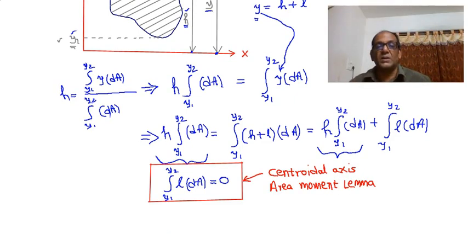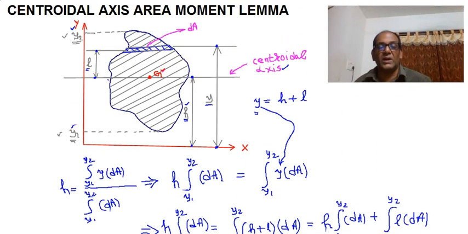This last equation is what I term the centroidal axis area moment lemma. If we look back at the figure again, we can state this equation as: sum of moments of all areas above this centroidal axis is equal to sum of moments of all areas below this centroidal axis. In the case of symmetric figures, we don't have to really take moments of the areas.